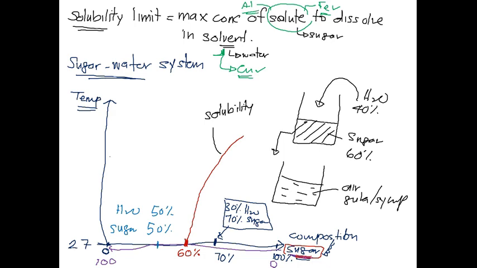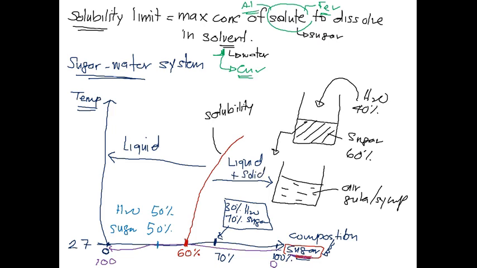So this is it. So from here you boleh tahu ada two phases here. The phase on the left side of the solubility limit will be liquid phase, while the phase on the right side of the graph will be liquid plus solid phases.